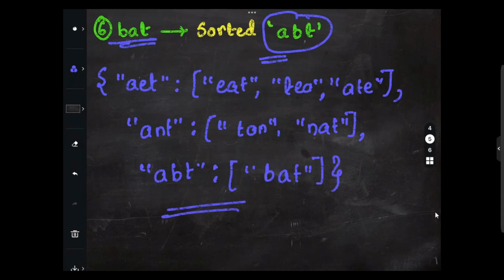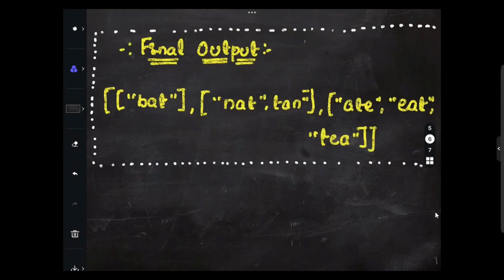Finally, we got this solution, right? In the final output, we will ignore the keys and return the values. When we do that, we get the final output as BAT, NAT, TAN, ATE, EAT, and TEA. You can return the output in any order, so it doesn't matter.